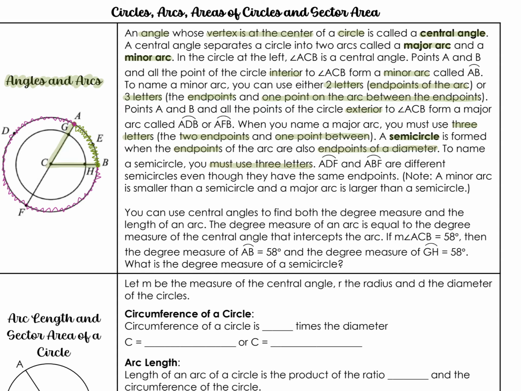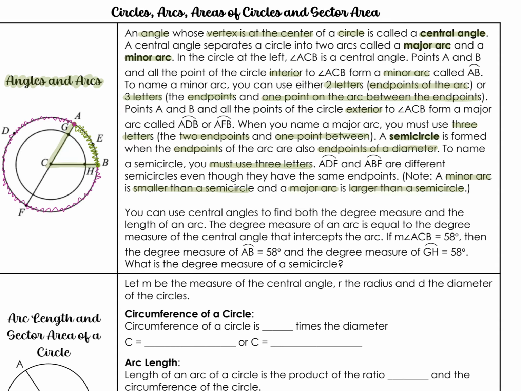In this picture, arc ADF and arc ABF are different semicircles, even though they have the same endpoints. I did already mention that a minor arc is smaller than a semicircle, and a major arc is greater than a semicircle.